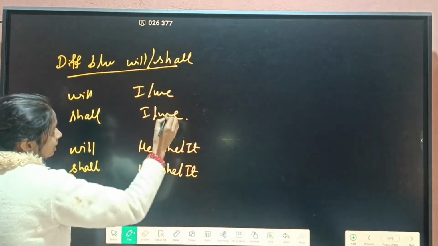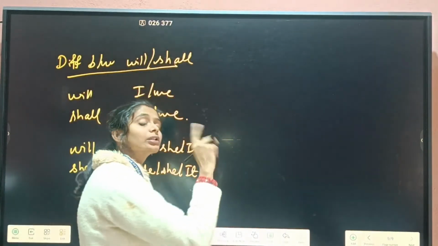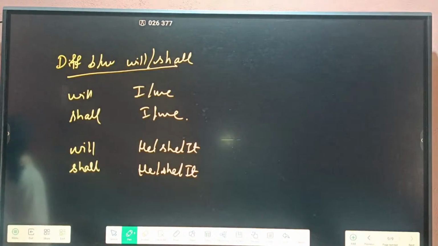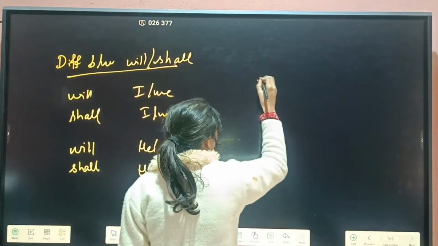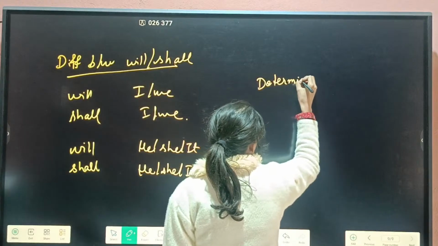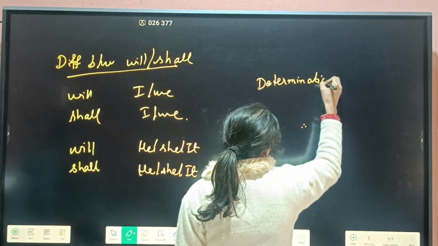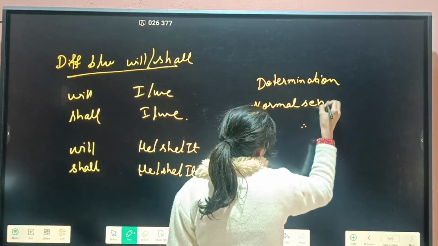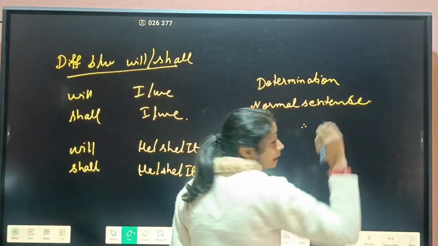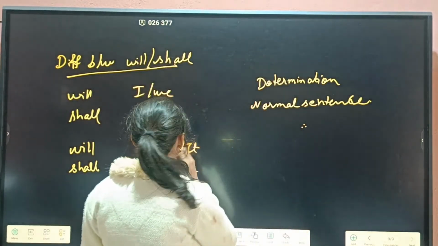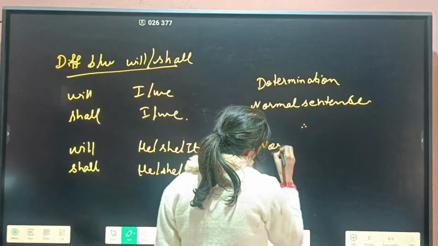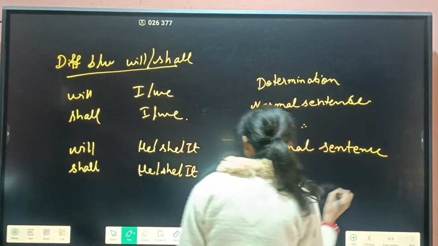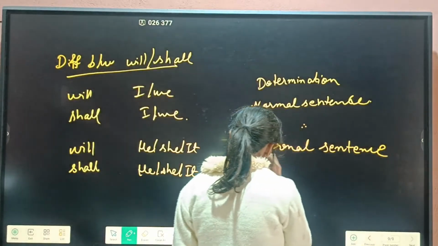Now what is the difference? I will write only one thing here and you will get the difference exactly. In the first person, will is for determination, and shall is used for normal sentences. And vice versa in third person: there will is used for normal sentences, and shall for strong determination.